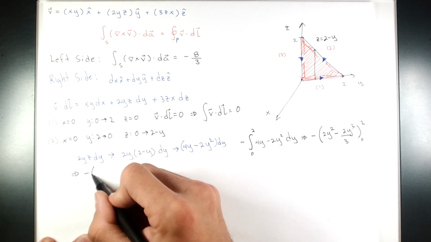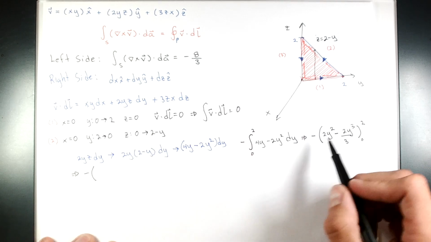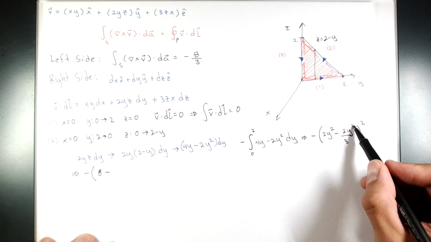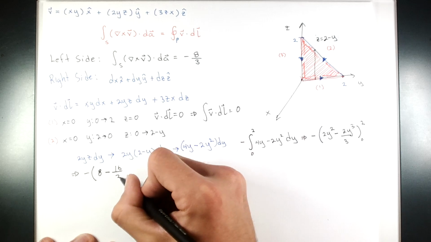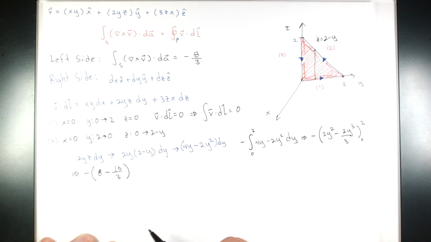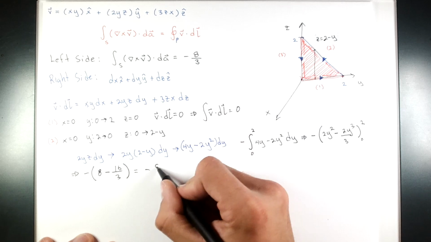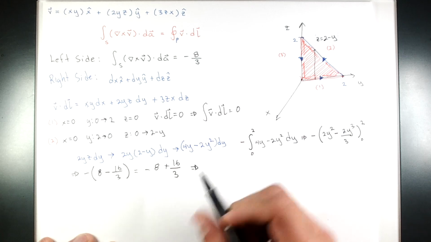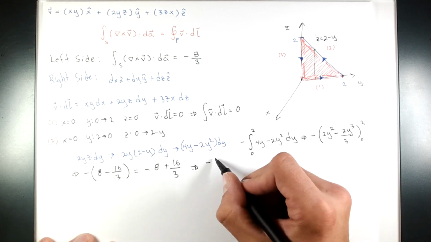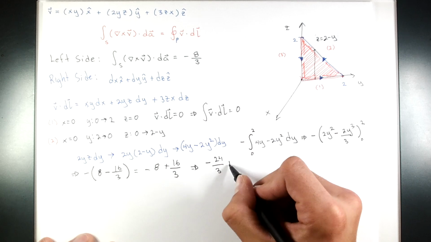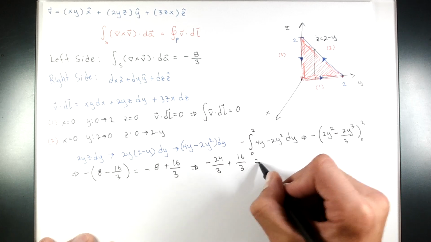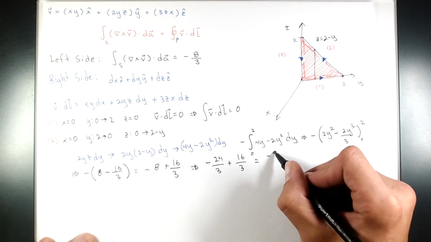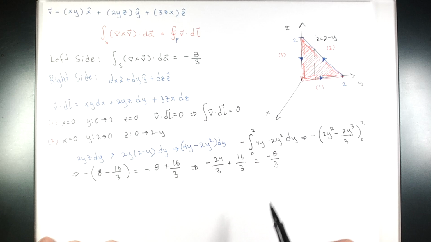That would be just plugging in the 2 for every y, so we get here 8 minus 2 times 8 is 16 over 3, and then we can just distribute the minus, so minus 8 plus 16 over 3. Just for doing this quickly, I'm going to turn this 8 into 24 over 3 plus 16 over 3, and we can see that minus 24 plus 16 is just minus 8 over 3.